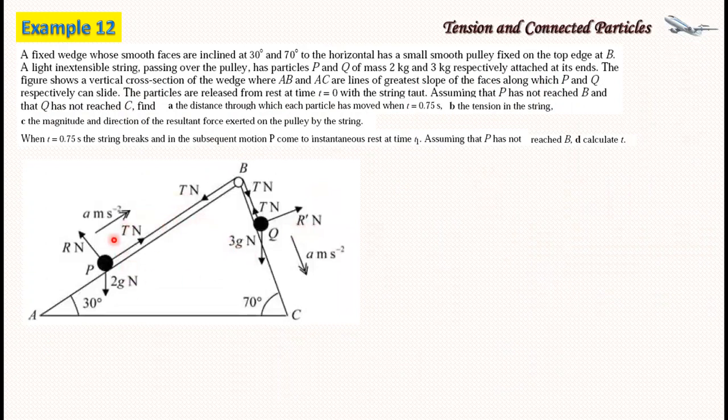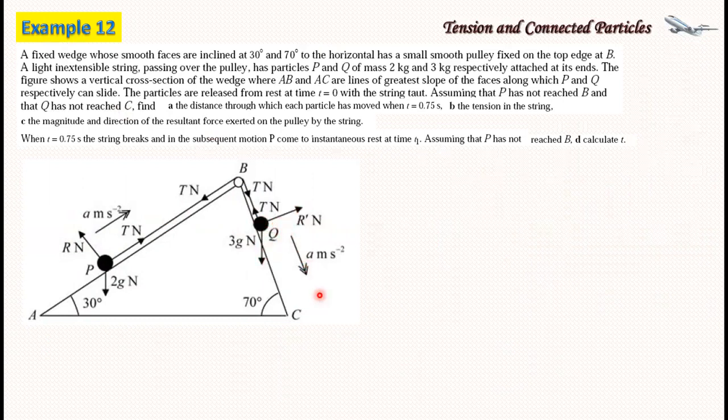We resolve these forces. For P, we have 2g newtons. Then tension acts in this direction. The normal reaction is R. And then for the particle Q, the normal reaction is R prime, the weight is 3g.